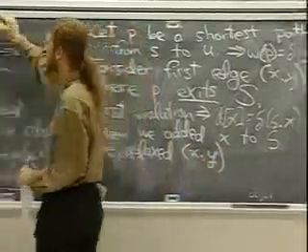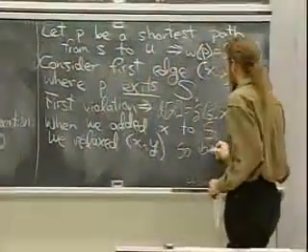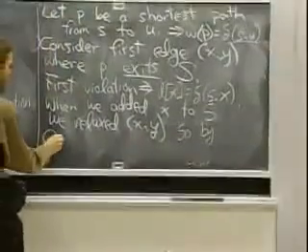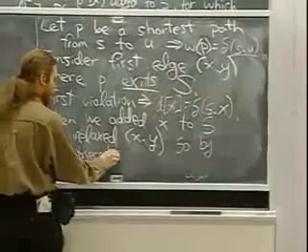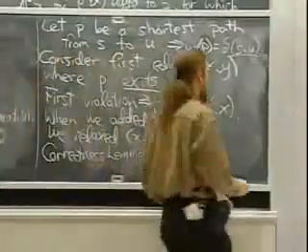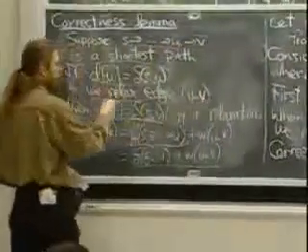Okay, so now we're going to use the lemma. By the correctness lemma, what do we get? Well, we had the correct shortest path weight to x.